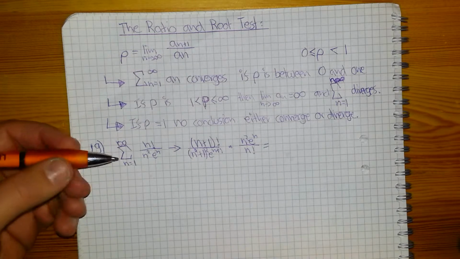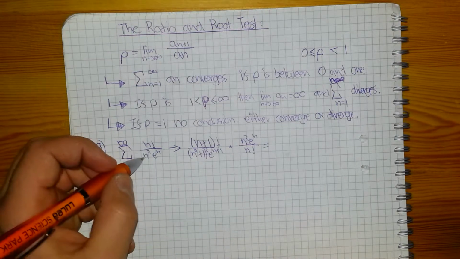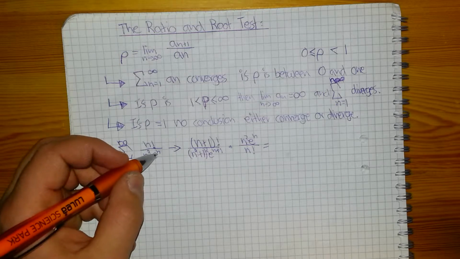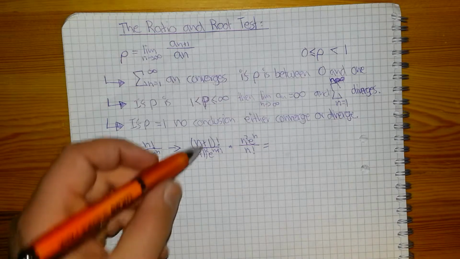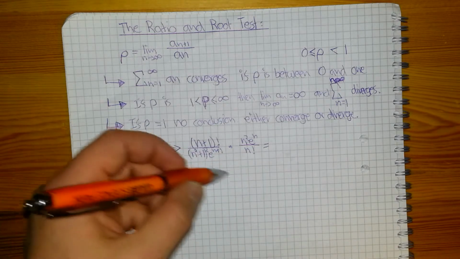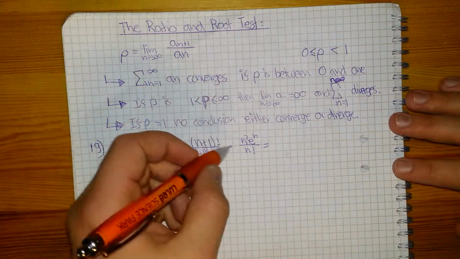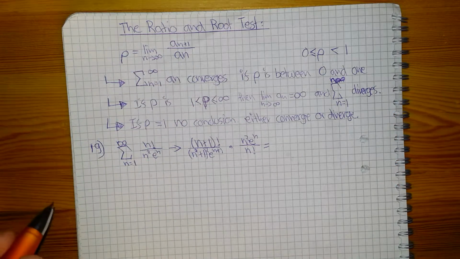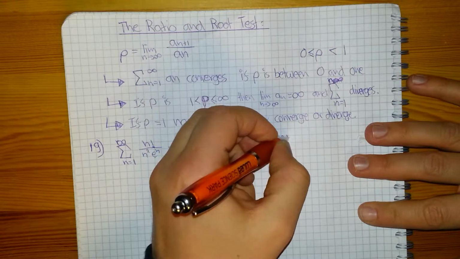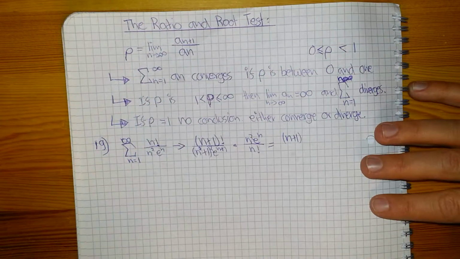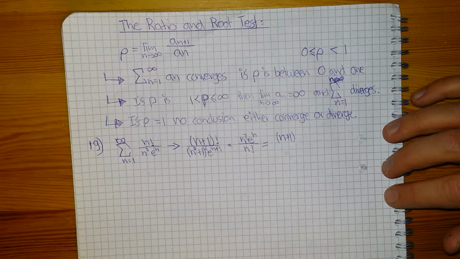So let's do an example here. This is the sum of n factorial divided by n squared times e to the n. What we do here is the ratio test. I haven't built a tower because I want to conserve space. This will sort of cancel out, and we will be left with n plus 1 in the numerator.